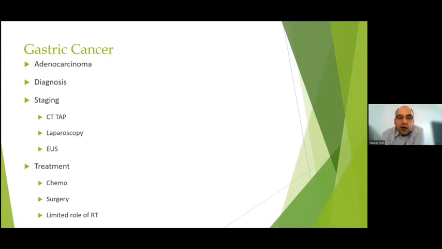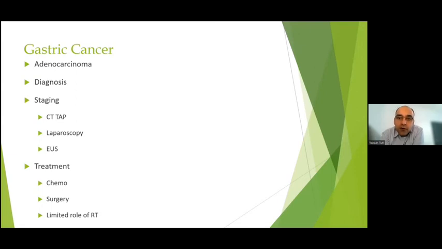In staging gastric cancer, you don't require a PET scan generally. Some units would do it, but it's not standard of care. But you do require a CT thorax, abdomen, pelvis to look for any distant metastatic disease. Sometimes EUS can be done again to look at the local staging, the depth of invasion of the tumor in the gastric wall and local lymph nodes.